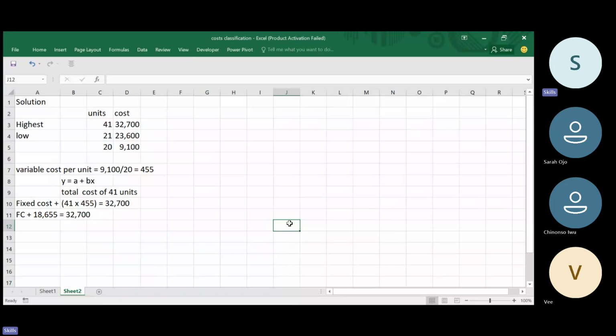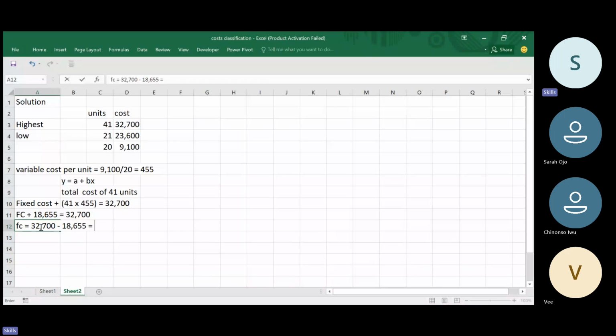So now you can say the FC, which is the fixed cost, is equal to 32,700 minus 18,655.